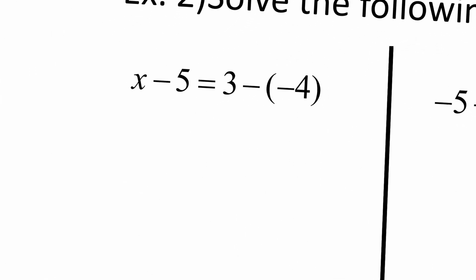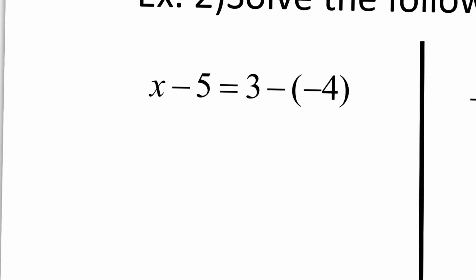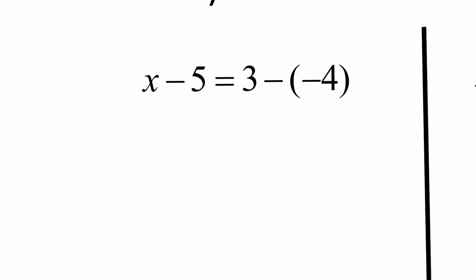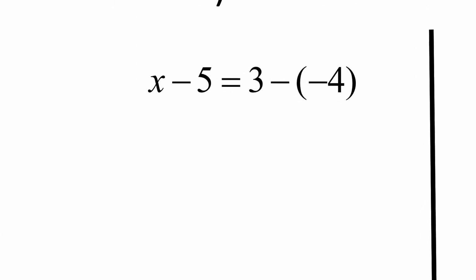We have x minus 5 equals 3 minus the quantity of negative 4. Like I mentioned, we do have a double negative, and I'm just going to put a box around it so you can see those double negatives. When you have a double negative, which means you multiply a negative times a negative, that's going to turn positive.